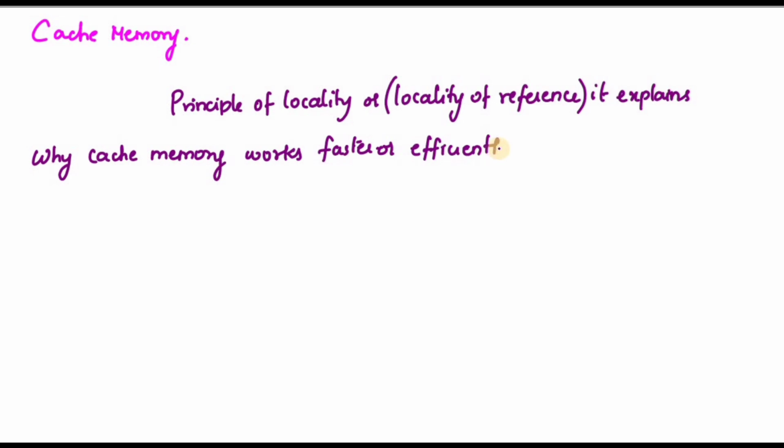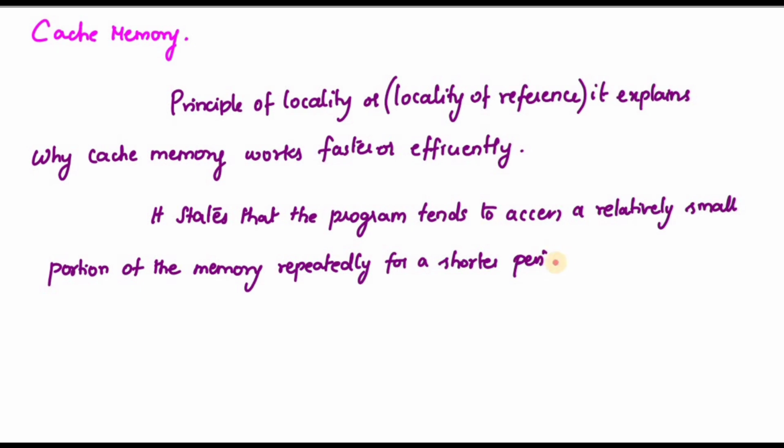Generally, the advantage of cache memory is that it works fast. It makes the CPU work fast. The principle of locality states that a program tends to access a relatively small portion of memory repeatedly for a shorter period of time.